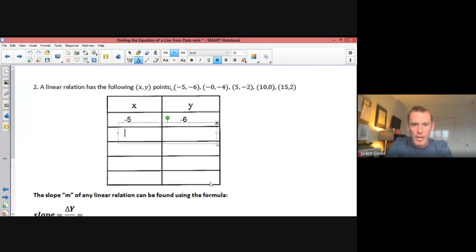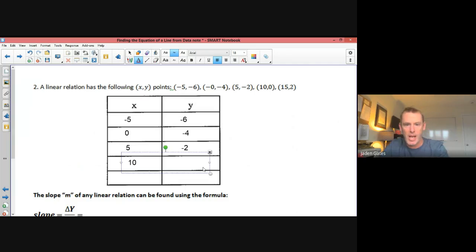We have 0, -4. So there's 0, and our y value is -4. Next up, we have 5 and -2. I'm just placing these points here into my table of values, and you're going to see shortly why I'm doing that.